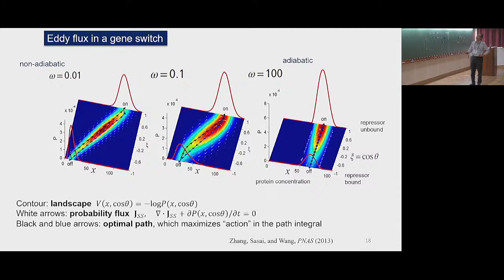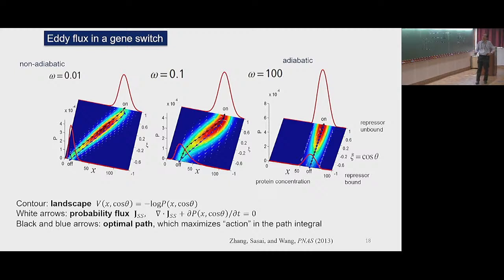And we see the white arrows here are the circular flux of the probability current. And the probability current is almost zero around here with the compensation of the currents of the antiparallel directions. But circular flux is more evident when omega becomes smaller.